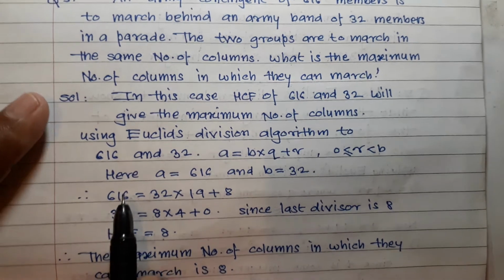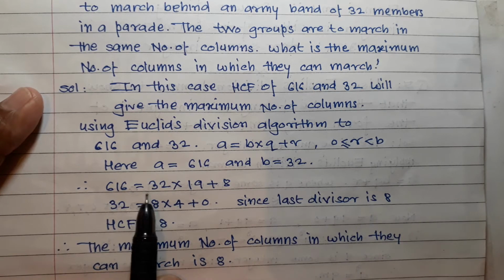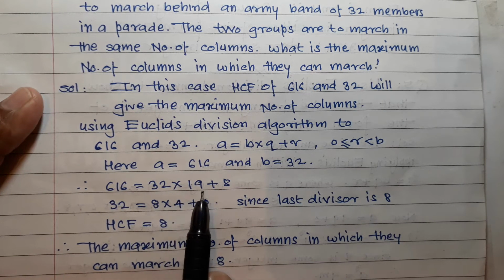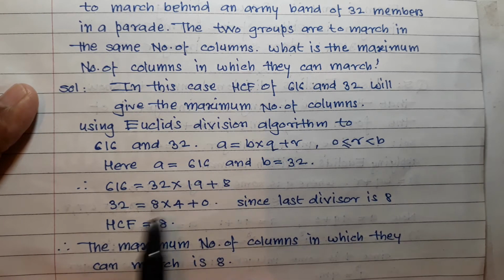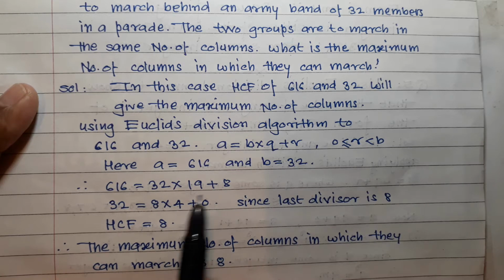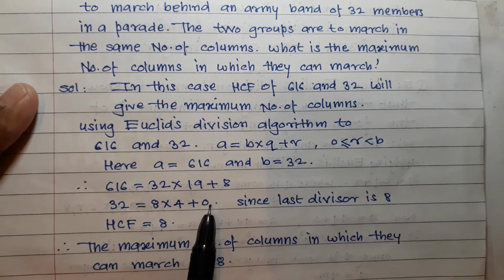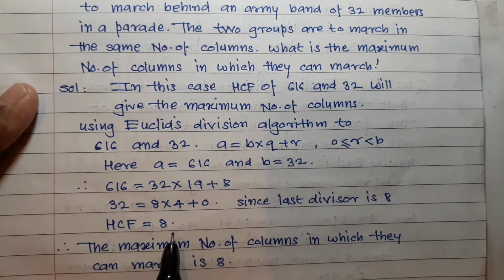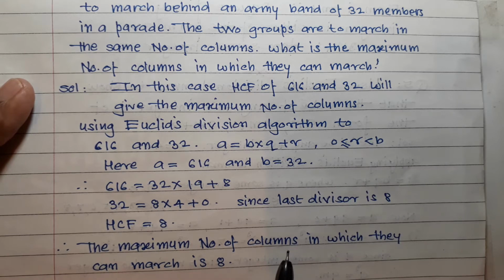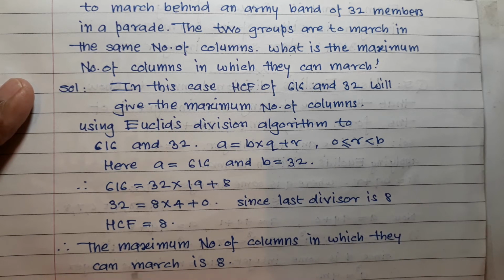Then find HCF. 616 = 32 × 19 + 8. Then 32 = 8 × 4 + 0. So here r is 0 and therefore your last divisor is 8. Hence HCF is equal to 8. And therefore the maximum number of columns in which they can march is 8.